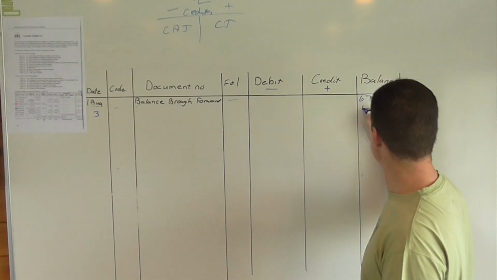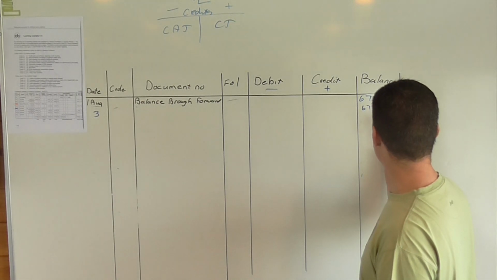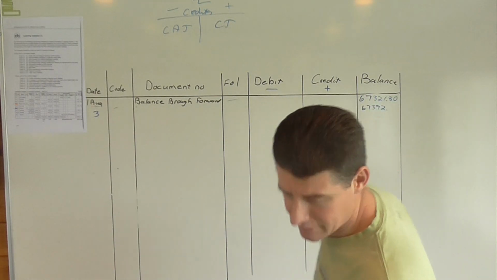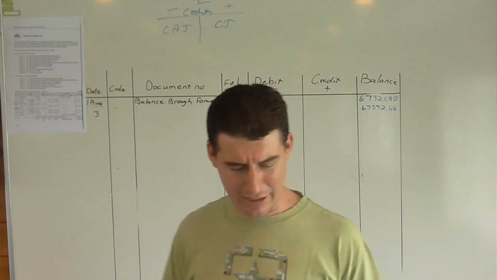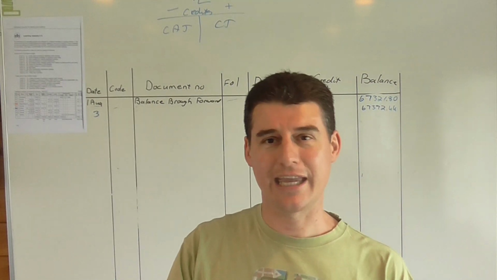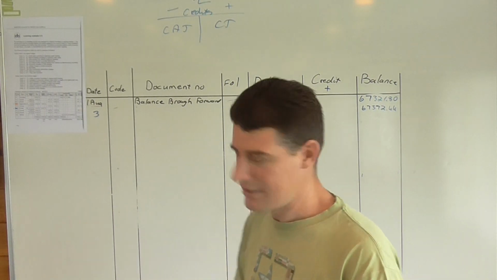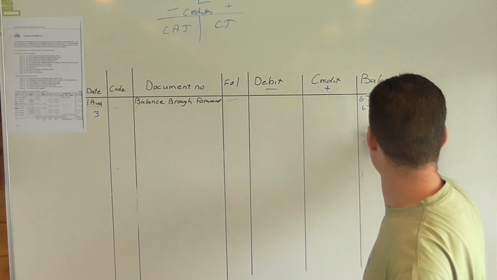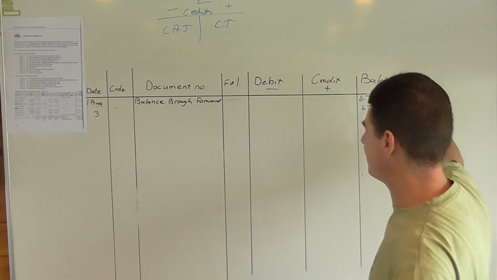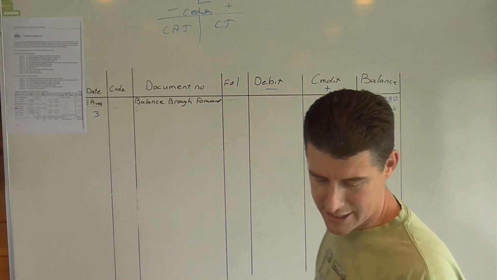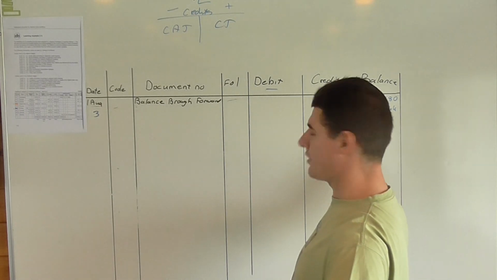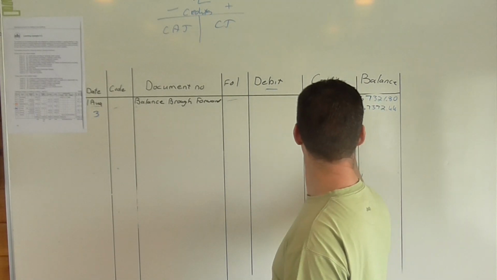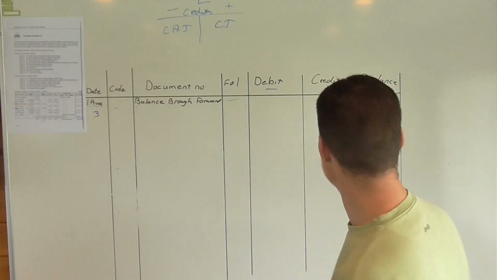So that'll be 67392.44. That's what they are saying. So in other words, their account increased to that amount. You take that amount minus the balance brought forward, and that gives you 70.64. Okay, so that just means it increased.